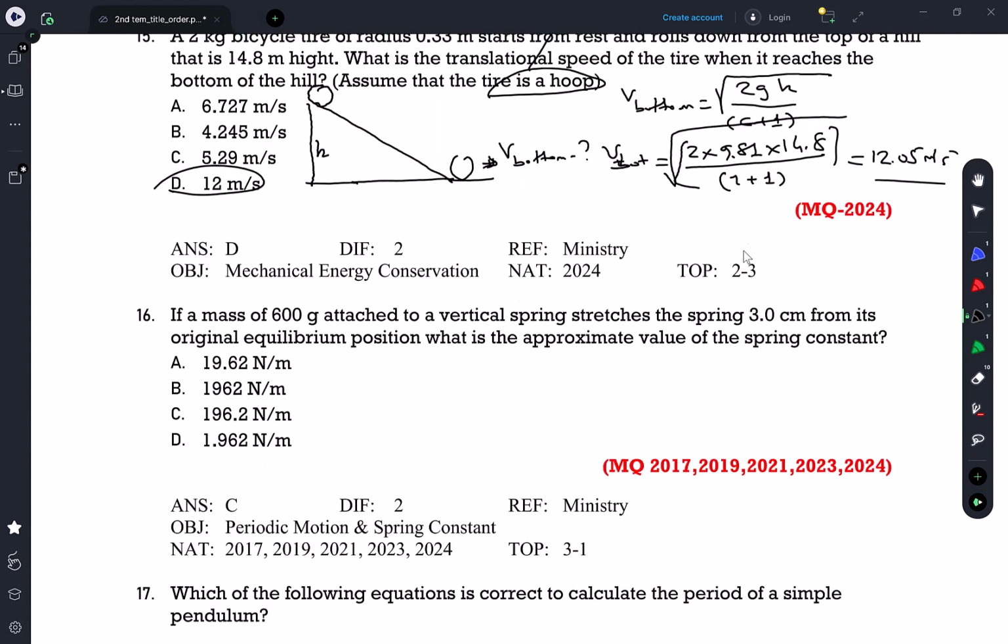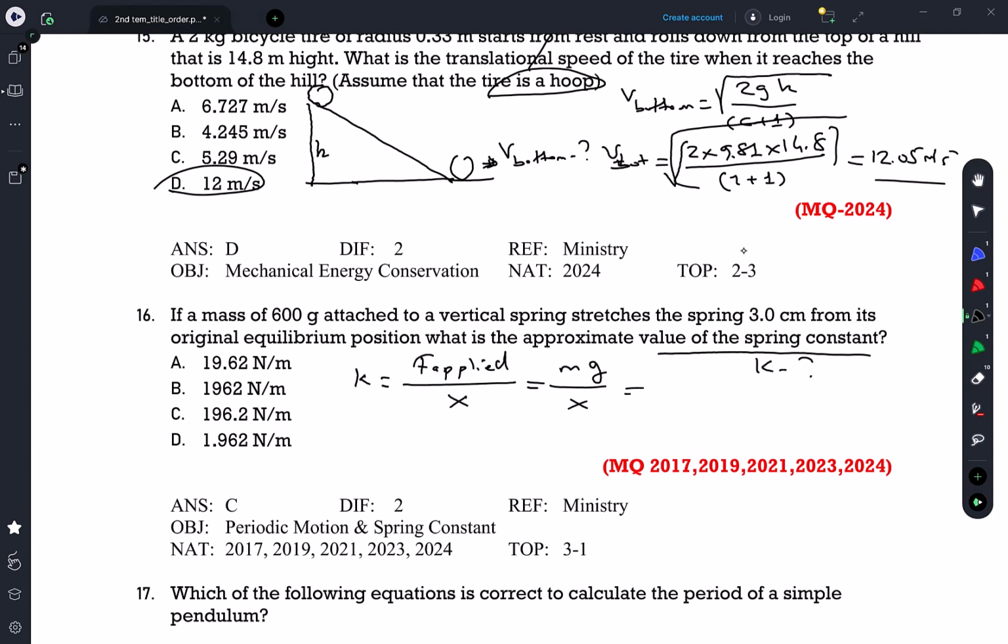Question number 16. If a mass of 600 grams attached to a vertical spring stretches the spring 3 centimeters, what is the approximate value for k? k is equal to the applied force to the spring divided by how much the spring is stretched. Applied force here is mg, the gravitational force.